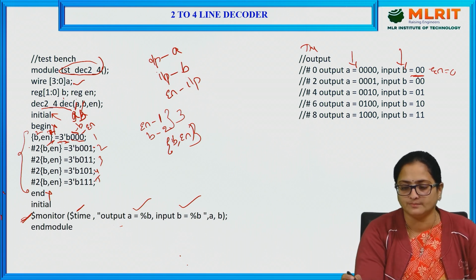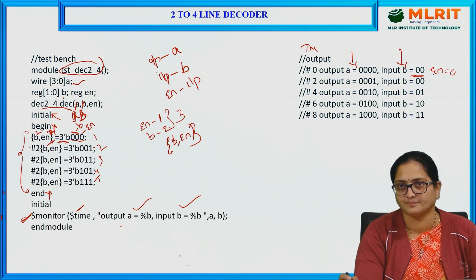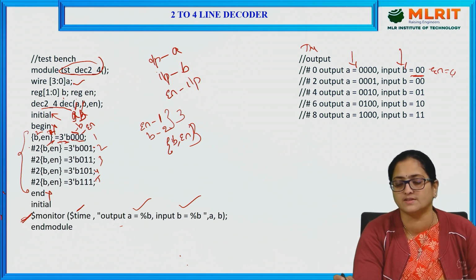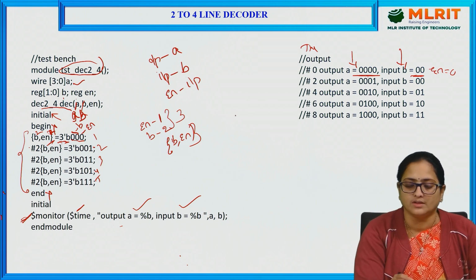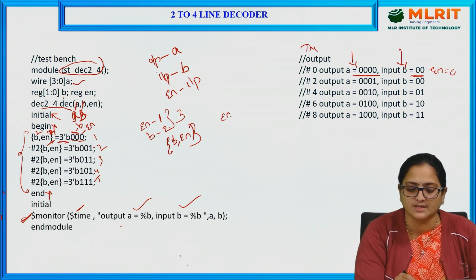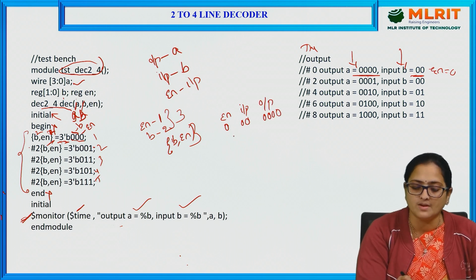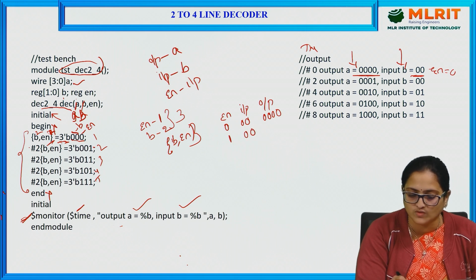So for 0, 0, if enable is 0, the output will be 0, 0, 0, 0. See, for a decoder, if the enable pin is 0, if inputs are 0, 0, your outputs will be given as 0, 0, 0, 0. If the enable pin is 1, if inputs are 0, 0, then the output will be 0, 0, 0, 1.